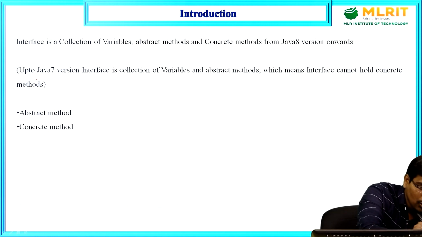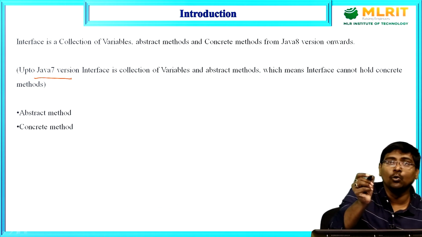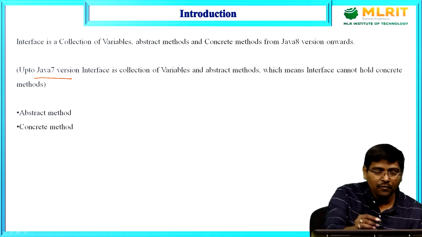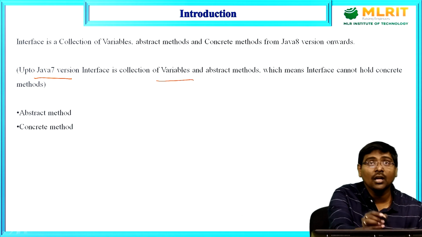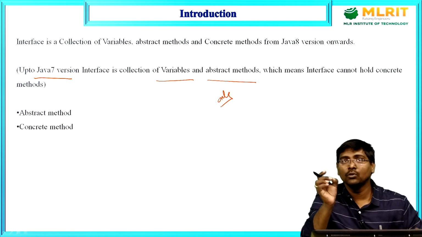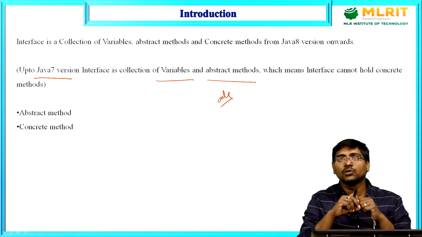Remember, the most important, up to Java version 7, an interface is a collection of variables and abstract methods only.